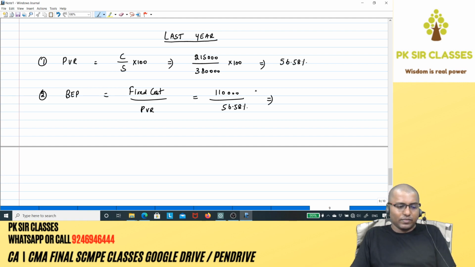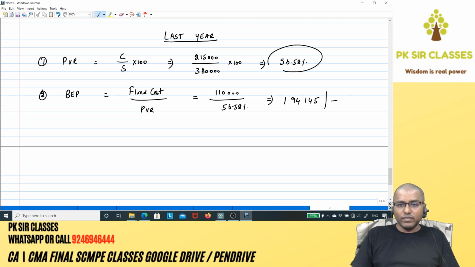That implies 1,10,000 divided by 56.58%. It comes around 1,94,415. See, there will be approximation guys, because if PV ratio approximation is taken, then automatically there will be approximation when it comes to break even point. So keep that in mind.